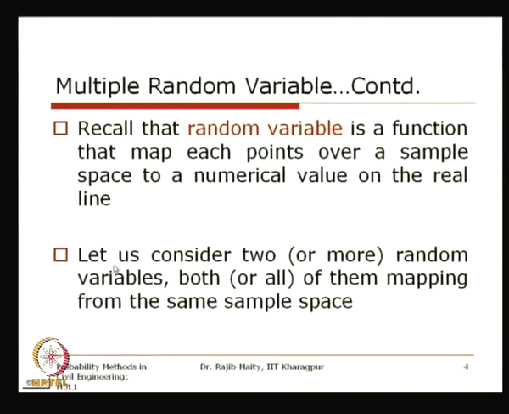Now if we consider two or even more random variables, that means two or more outcomes we are dealing with together, then all of them map from the same sample space to the real line, to some numbers.